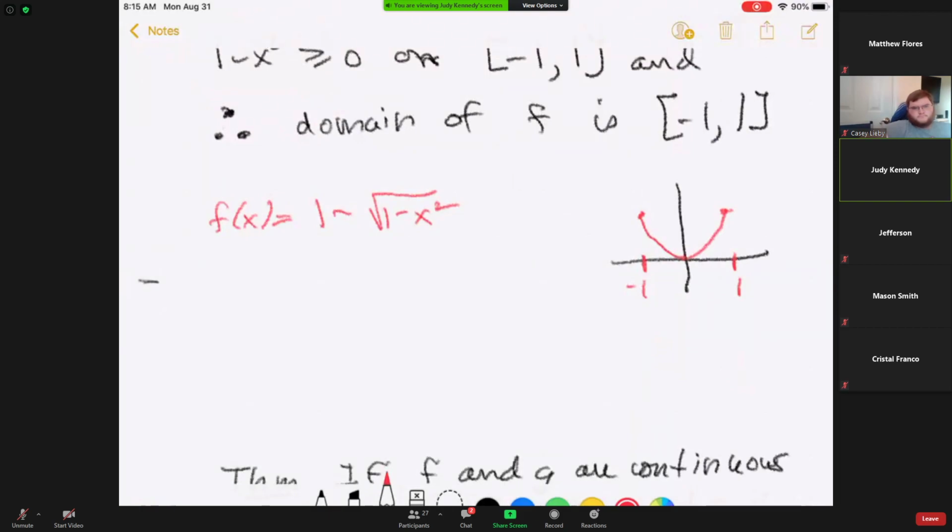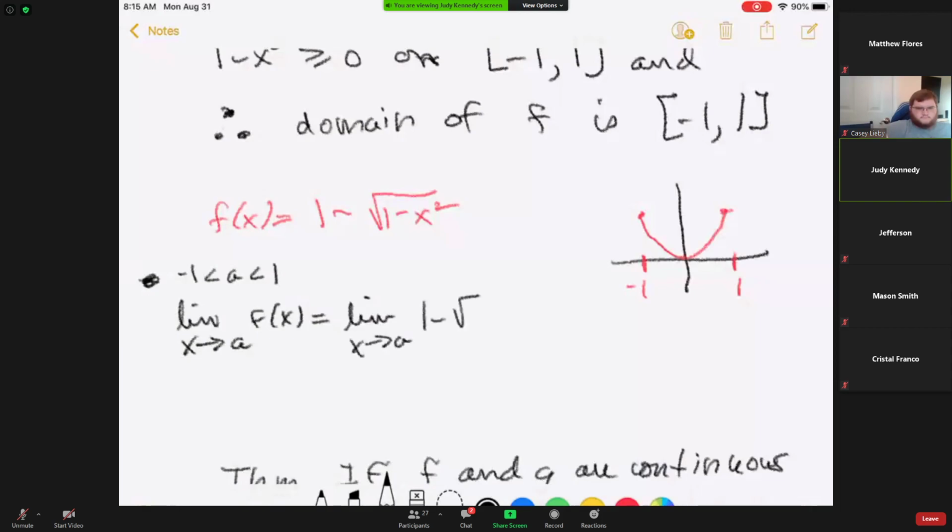Okay, for minus 1 less than a less than 1, the limit as x approaches a of f of x would be equal to the limit as x approaches a of 1 minus the square root of 1 minus x squared.